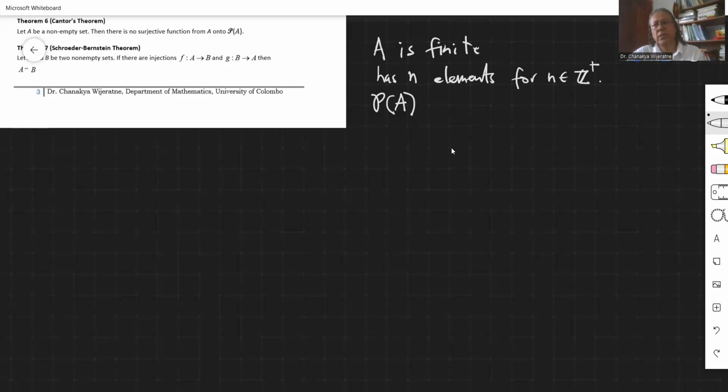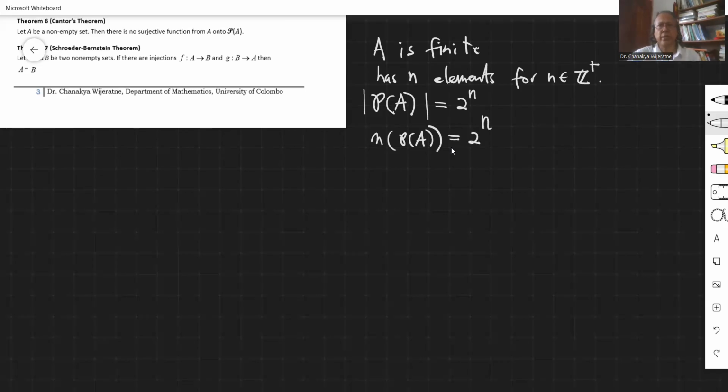You know that the power set of A has 2 to the n elements. We denote it by this notation, and also we use this notation.